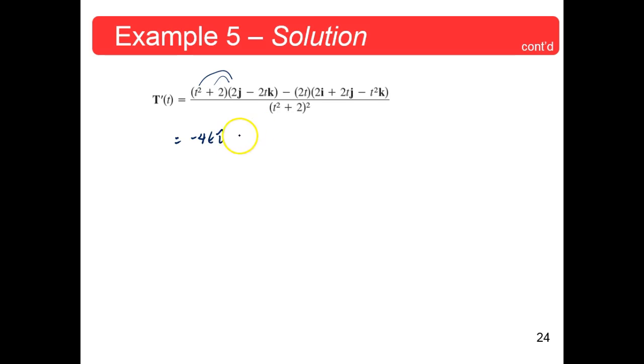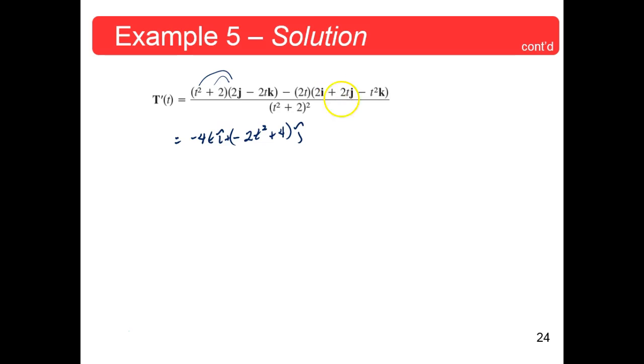So that's going to be a minus 2t squared j plus 4j, and then your k component is going to be minus 2t cubed minus 4t minus t squared k. Ooh.